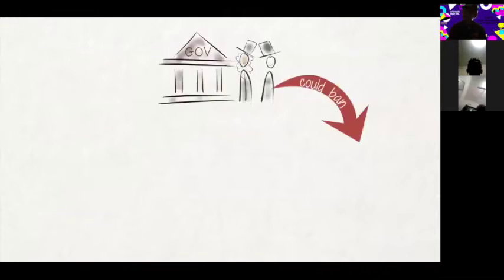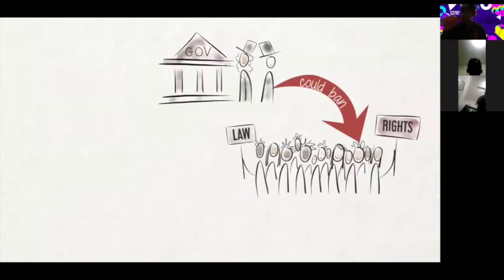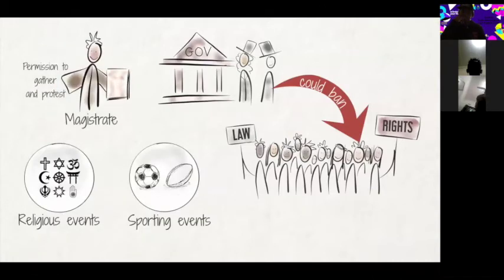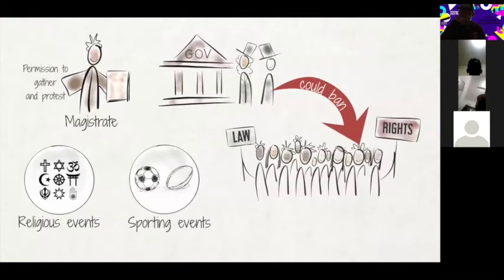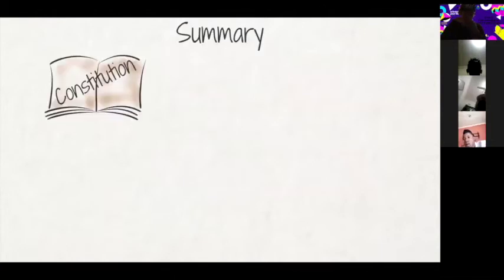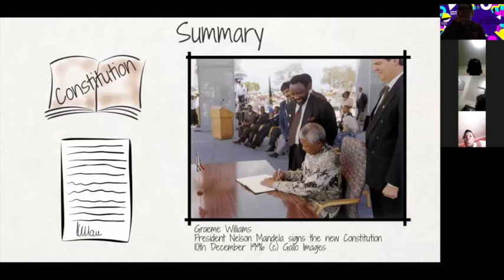Furthermore, government officials could easily ban public gatherings except religious or sporting events. The magistrate had to grant permissions to gather before people could assemble and protest. Summary: the Constitution marks the end of apartheid and the beginning of the new democratic dispensation.